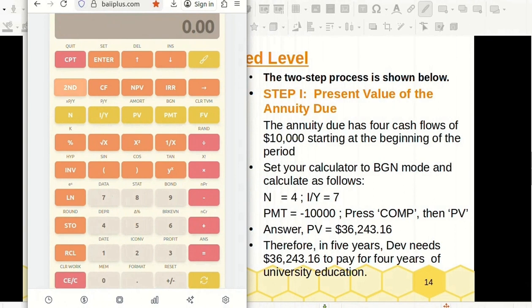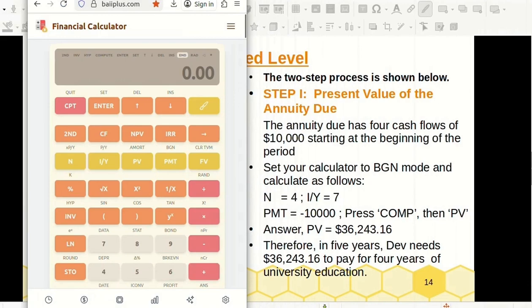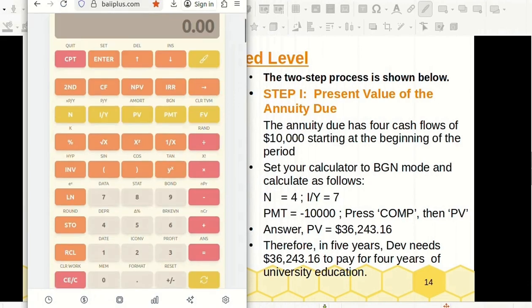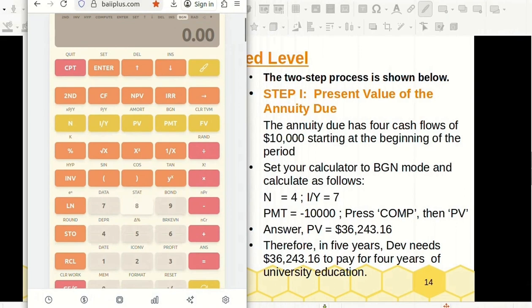Now why is this a case of annuity due? Because the tuition fee needs to be paid at the beginning of each year. Once we see the key term beginning of each year or beginning immediately, then set your calculator to the BGN mode and start the calculation. Okay, so let's take the calculator.